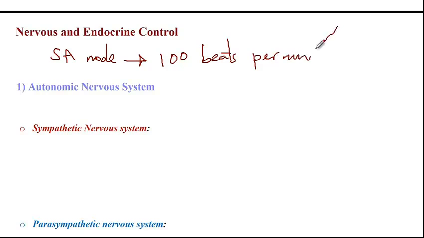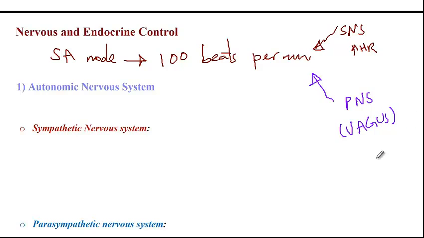On the other hand, if the sympathetic nervous system acts on it, then this heart rate as well as contractility will increase. While if the vagus nerve acts on it, then the heart rate and contractility decrease.